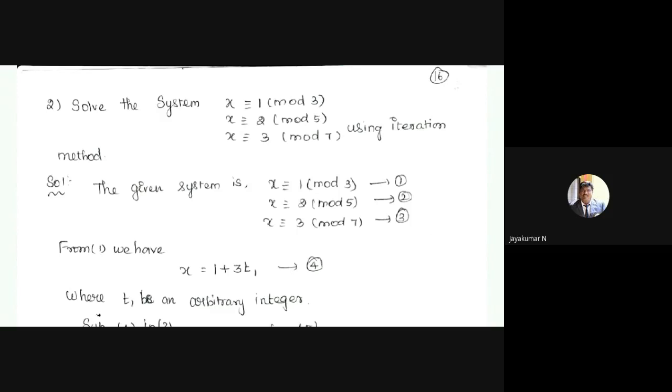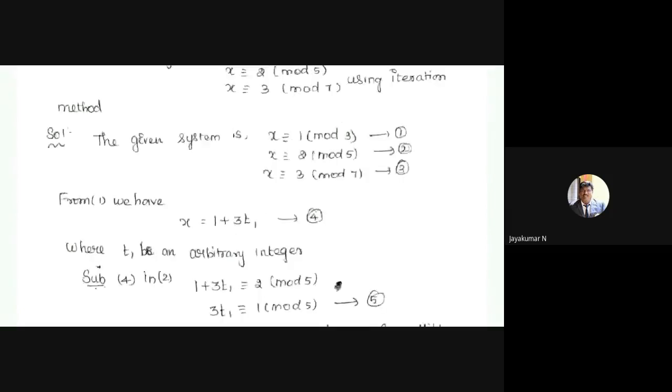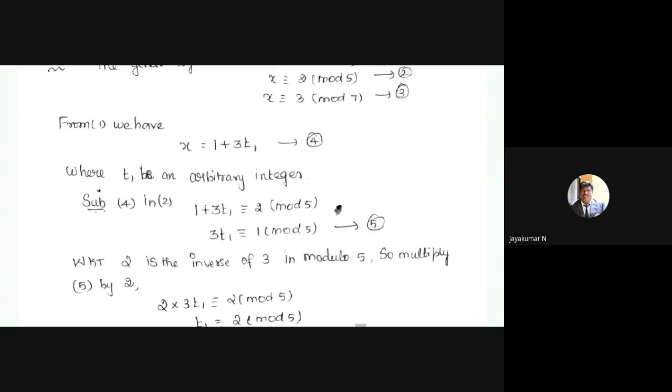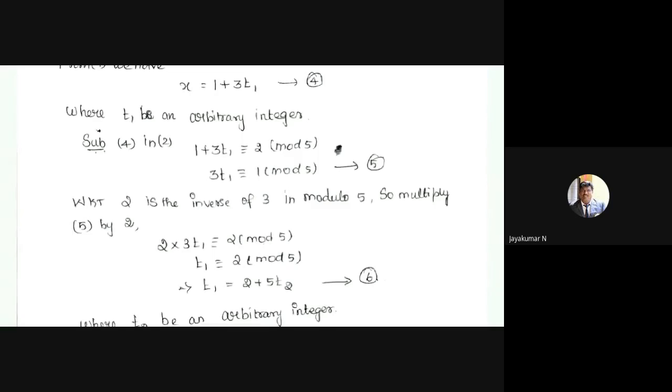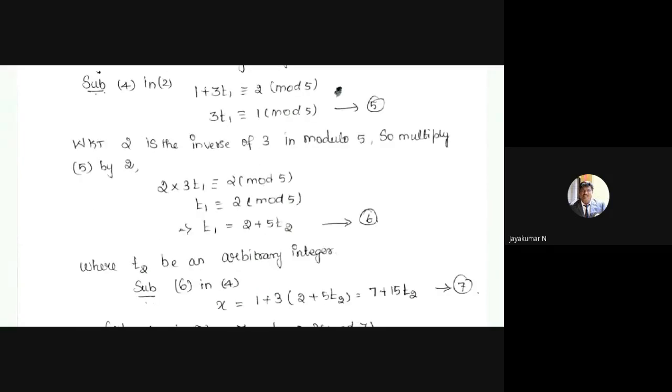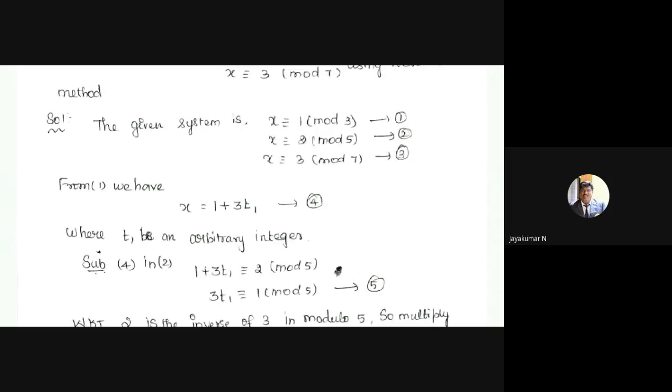When the first linear congruence was expressed as a linear equation, t1 was introduced. Again, t1 was expressed as t2, then t2 was expressed in t. Therefore, I have introduced t1, t2, t. In the previous problem they gave two linear congruences, so I introduced t1, t.